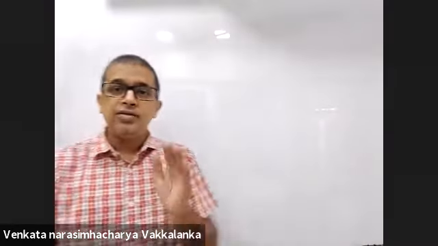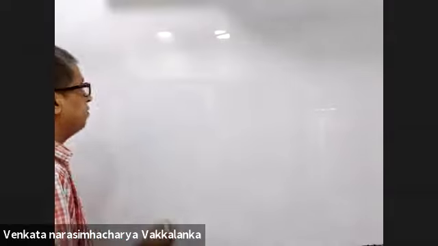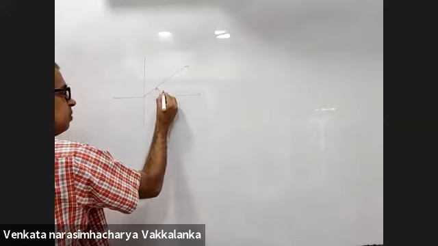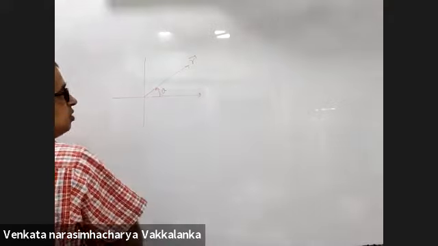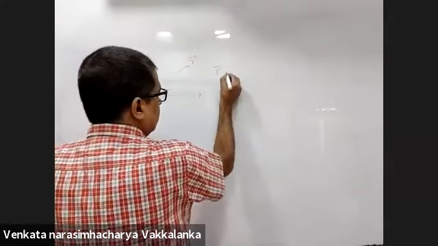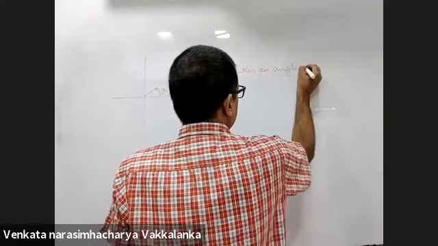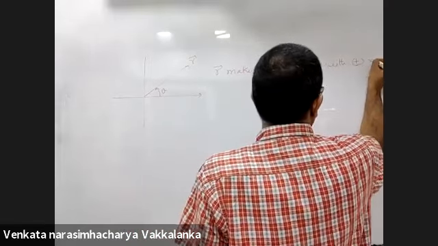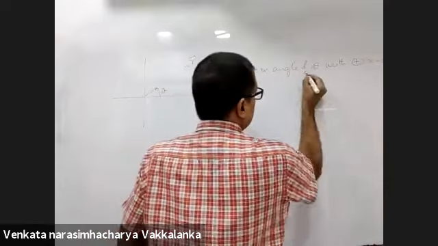Now listen. As a convention, all angles measured anti-clockwise are positive, clockwise are negative. For instance, if I tell you vector r makes an angle of theta with the positive x-axis, I will measure theta in the anti-clockwise direction.